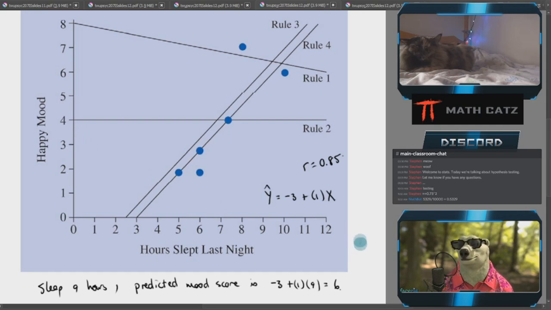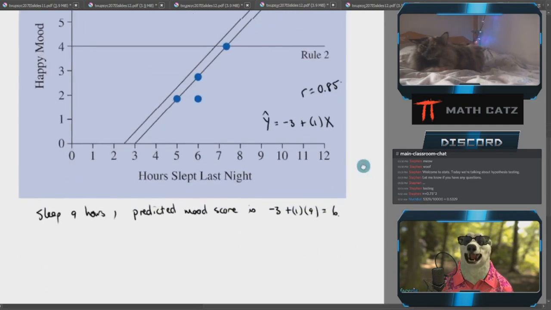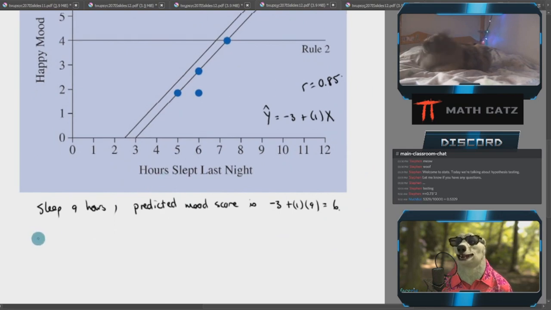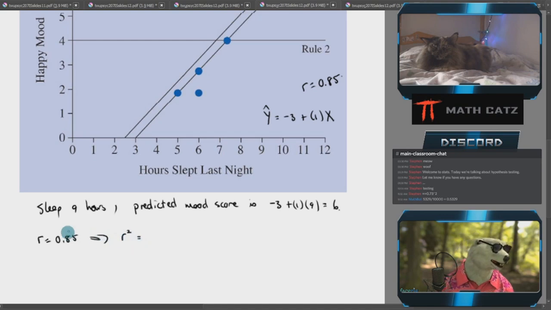variable. The 0.85 here, we can briefly talk about that, the correlation coefficient. How I can interpret that, I can square that as we did in the previous video on correlation.